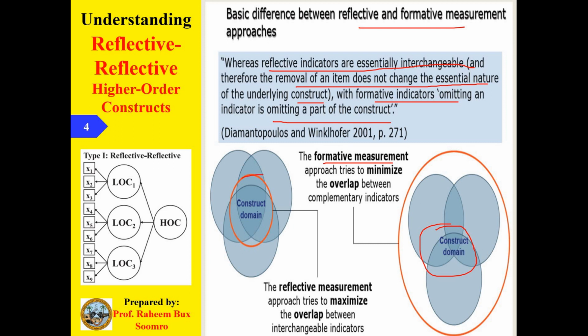In the reflective model the items are much more overlapped with each other in comparison to the formative measurement model. That's why, if we delete any one item from the reflective, it has nothing to do with the health of the overall construct. But if you delete one item from the formative, it has a big impact on the overall image of the formative construct.